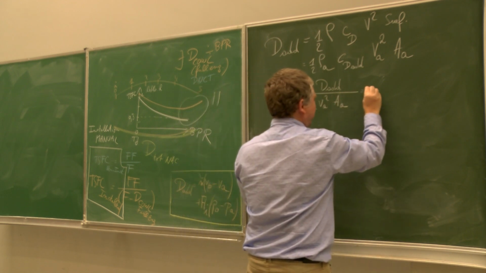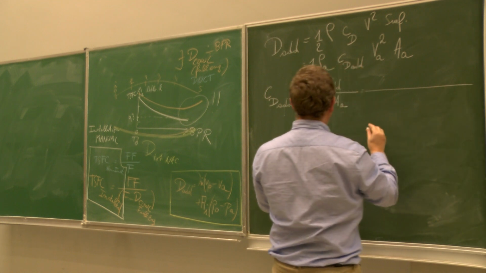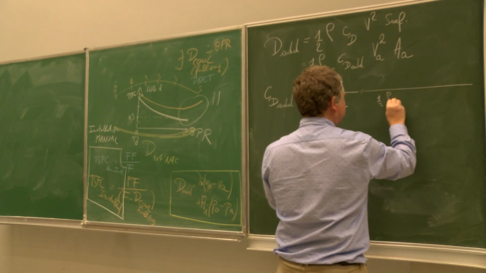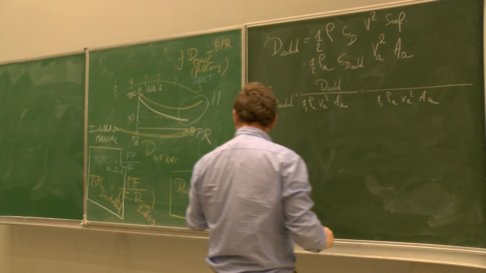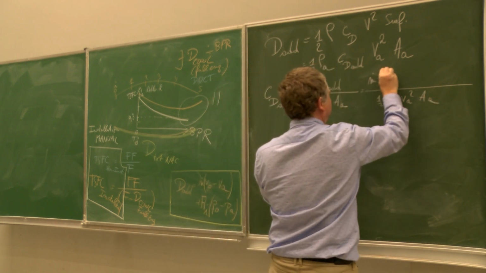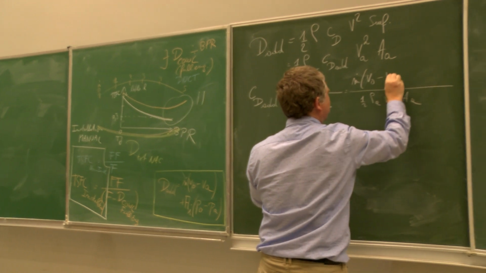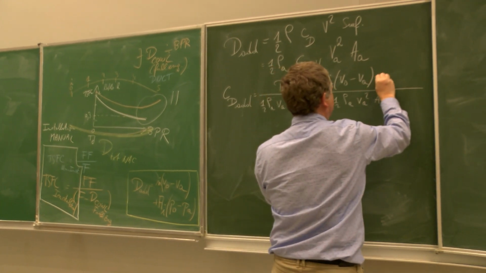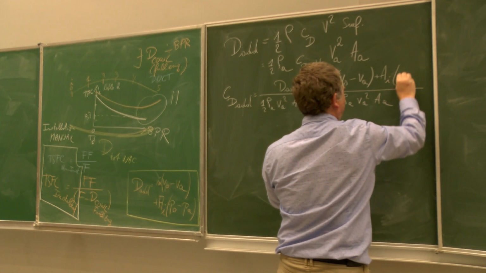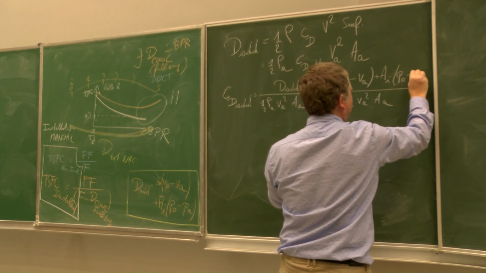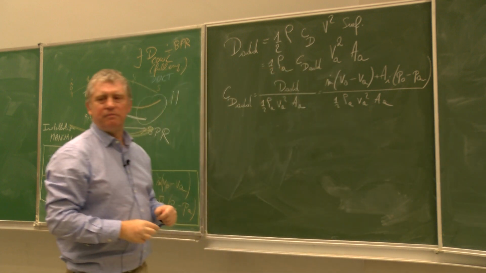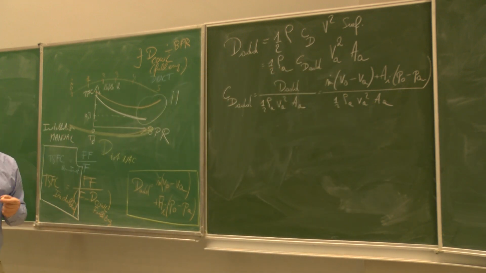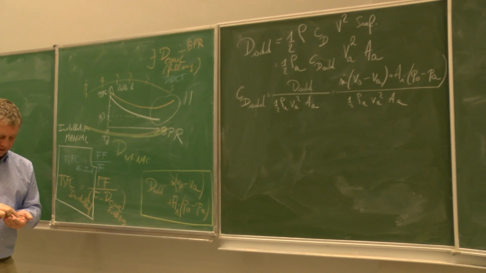And so you can also write that CD additive is this rho A VA square AA, and this is m dot V0 minus VA plus AI multiplied by P0 minus PA. This is the equation of the CD additive.